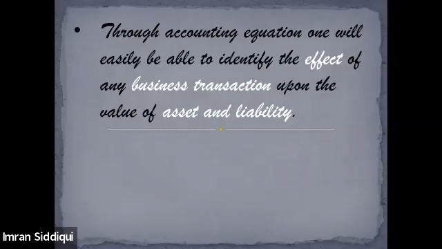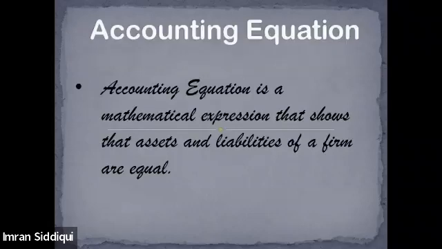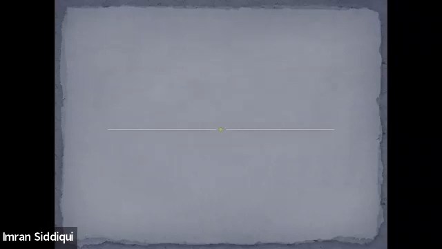Through the accounting equation, one will be in a position to identify the effect of any business transaction upon the asset and liability. As I told you, the accounting equation indicates that the total asset and liability of a firm are equal.